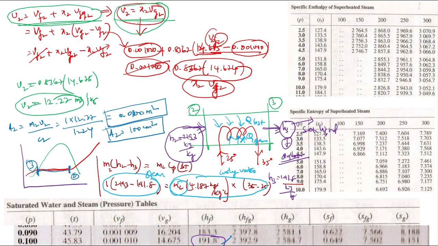After substituting all the values, you note that the mass of cooling water required is almost 47.49 kilogram per second. This amount of cooling water is required for converting wet steam into saturated liquid, when the inlet temperature is 25 and outlet temperature is 35. This amount of water is required.